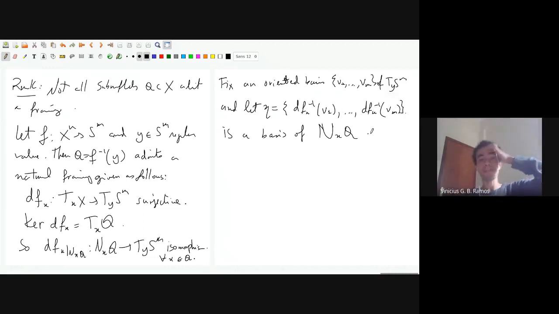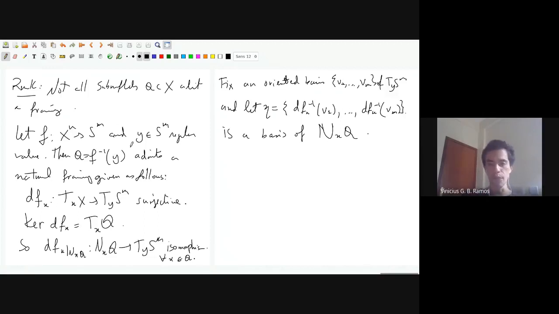So that's the framing. All right, great. So not every submanifold is framed, but the submanifolds that come as pre-images of regular values of functions are framed.